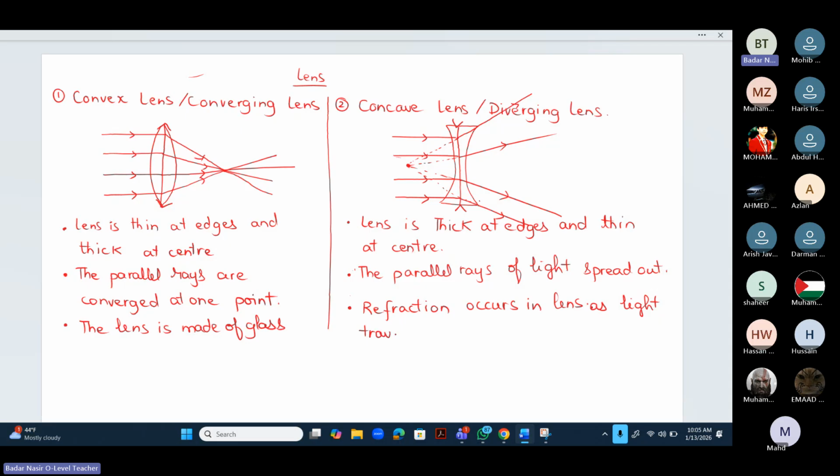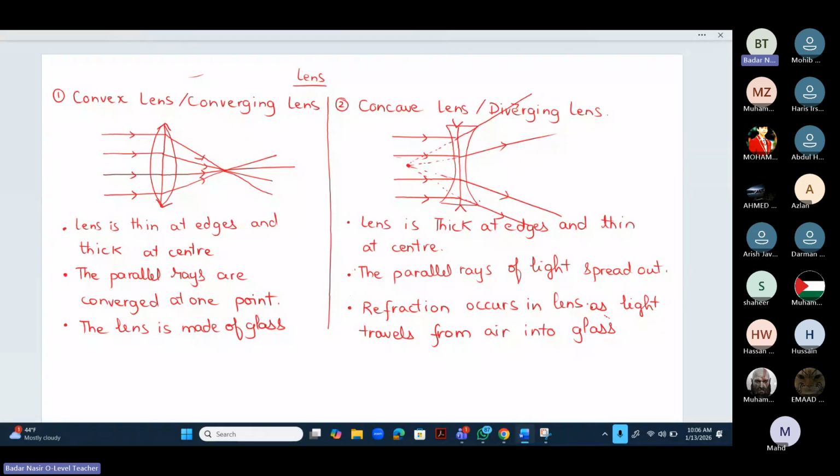So as light travels from air into glass, the light is basically traveling from the air into the glass, okay? So causing the speed and the wavelength of light to decrease, which eventually causes the bending of light waves as well.